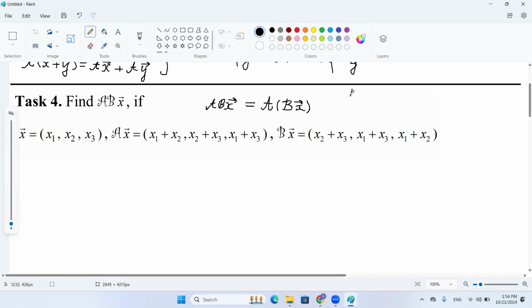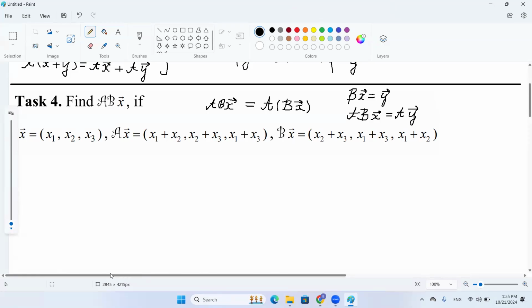So let Bx equal y. And so ABx equals A applied to y. So we just apply operators in a particular order.